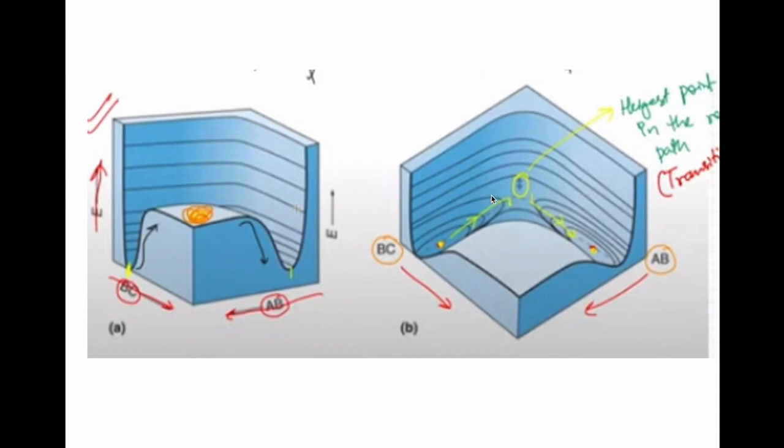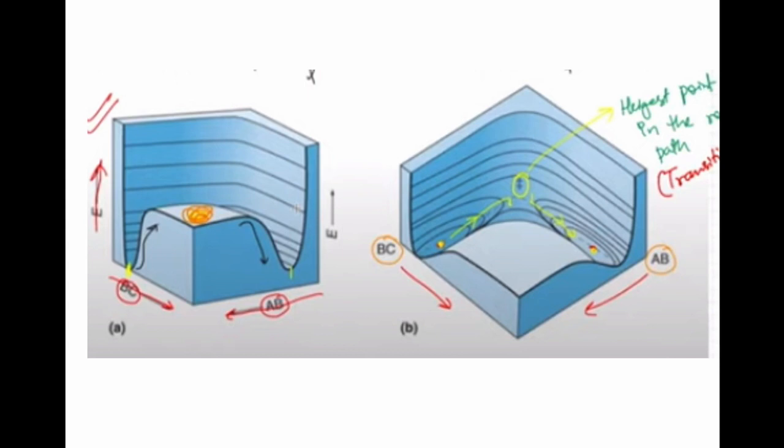In between these two contours there is some empty space, and this point is the highest point in the reaction path from BC to AB, and this point is known as the transition state.